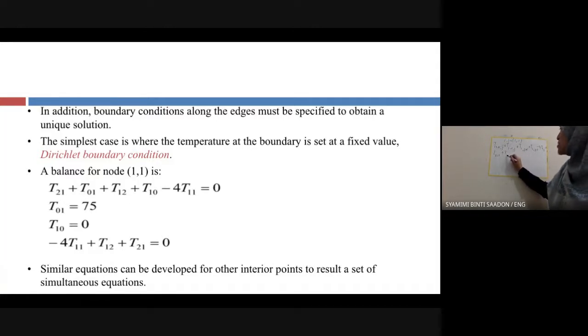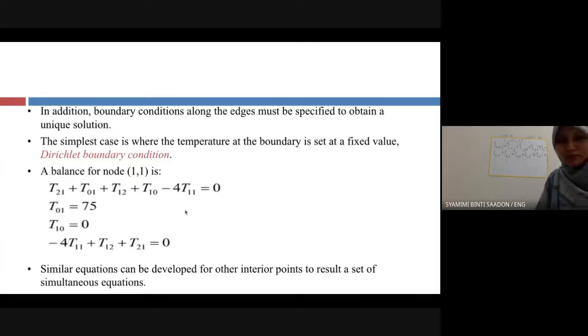I minus 1, so 0,1, plus T(1,2), j plus 1, plus T(1,0), minus 4 T(1,1) equals 0. So that's why we have this balance for node 1,1: T21 plus T01 plus T12 plus T10 minus 4 T11.